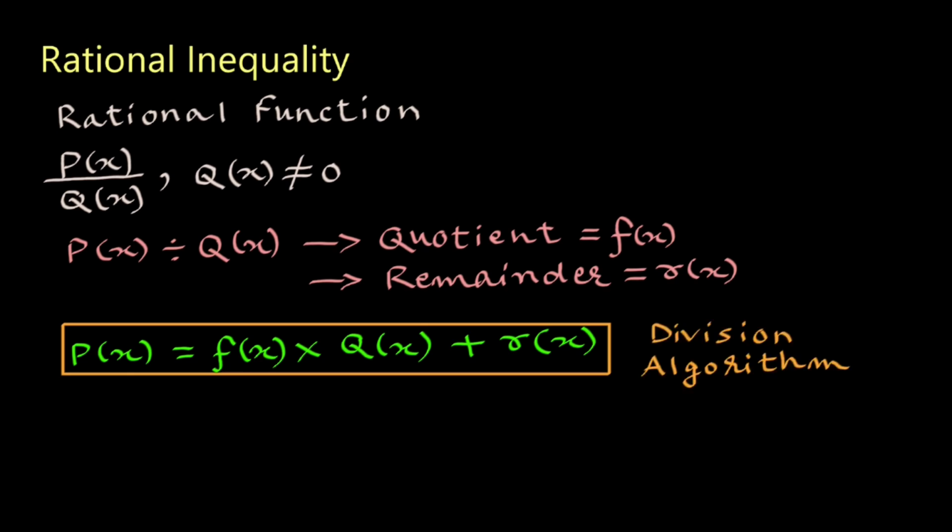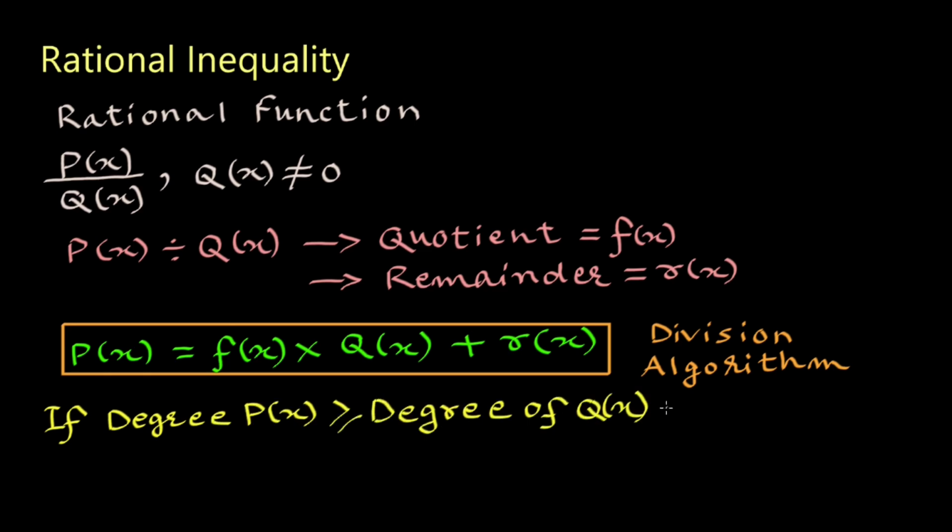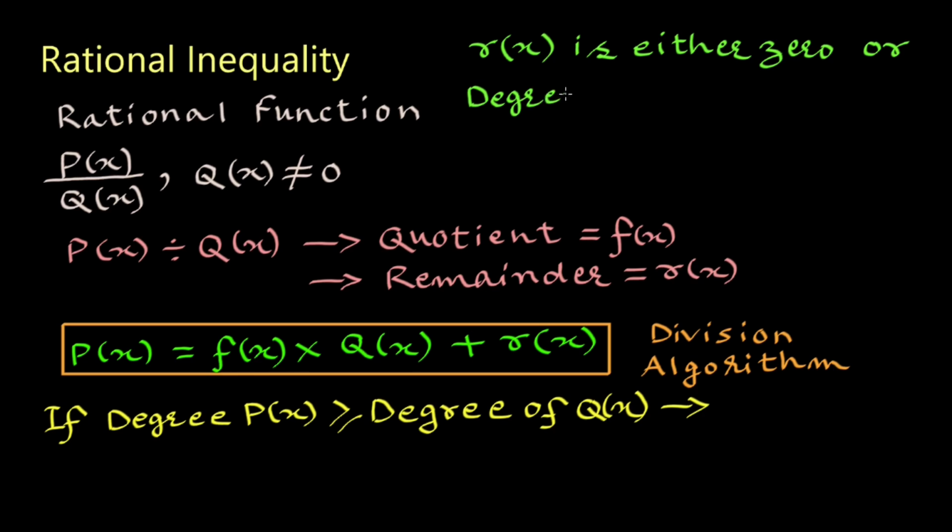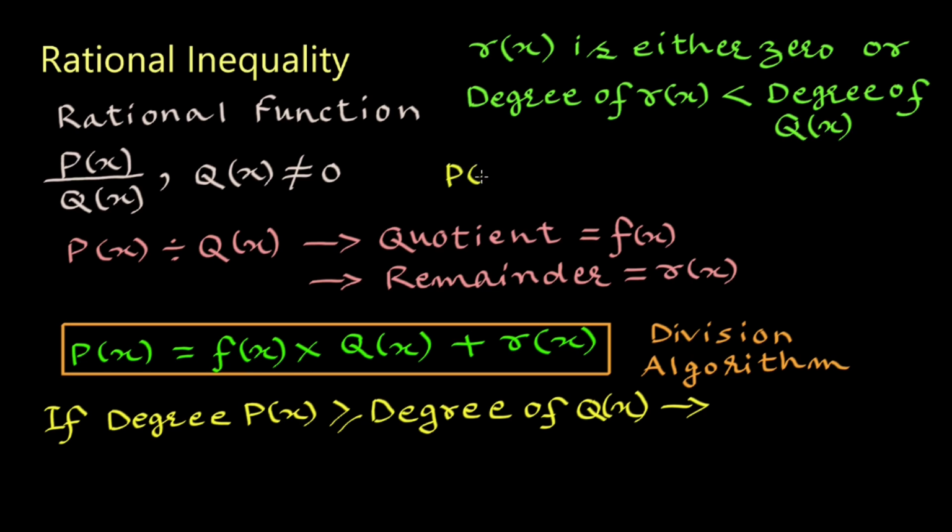Here, the thing to be noted is if the degree of p(x) is greater than or equal to the degree of q(x), then the remainder r(x) is either 0 or the degree of r(x) is less than the degree of q(x), and then we write p(x) upon q(x) equals f(x) plus r(x) upon q(x).